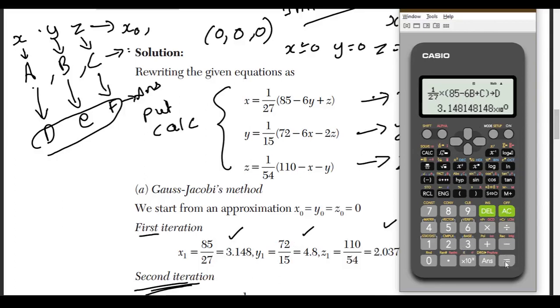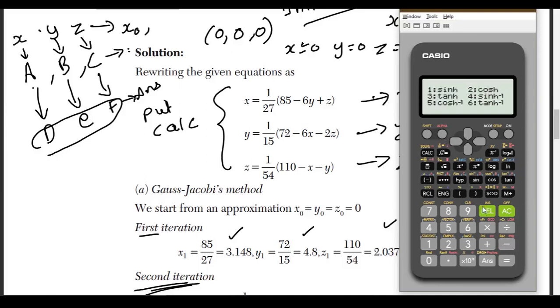Next, we are going to do the second variable, that is 1 by 15 into 72 minus 6 x. What is the x we are taking? A. Minus 2. What is the z we are taking?